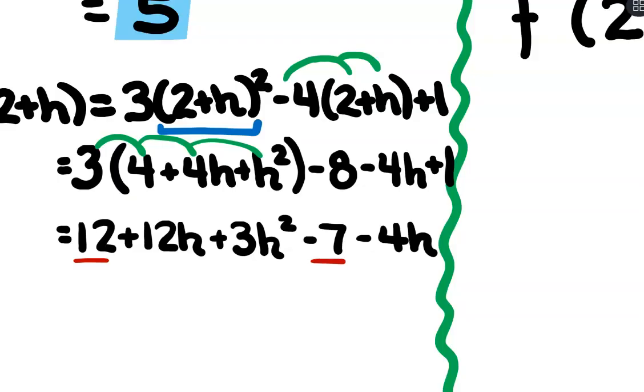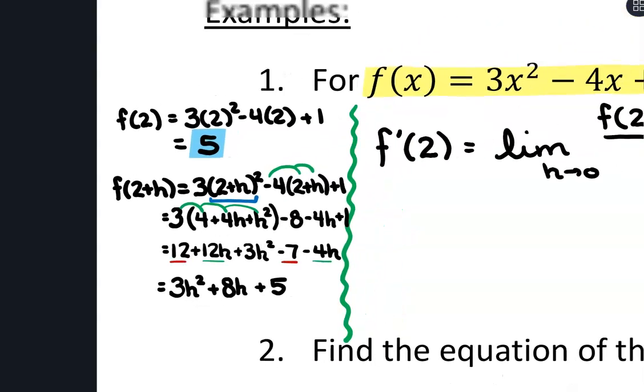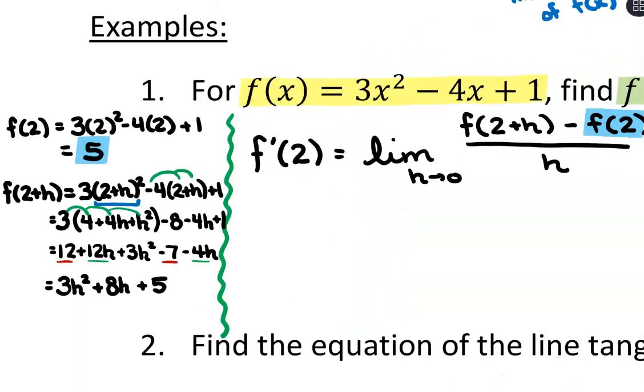So I have a 12 minus a 7. I also have a 12h minus 4h. I'm going to go ahead and throw this into standard form too. So I'll have a 3h squared, and then a plus 8h, and then a plus 5. Okay, that was all my side work that I need to do for this one.